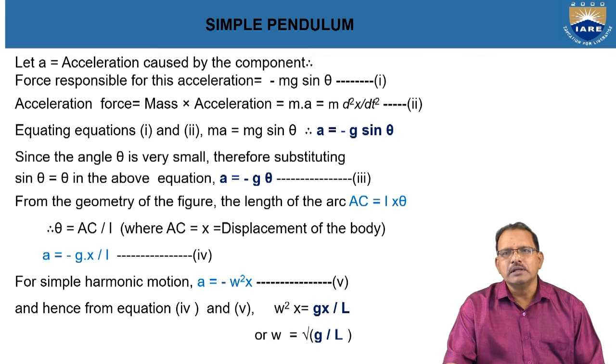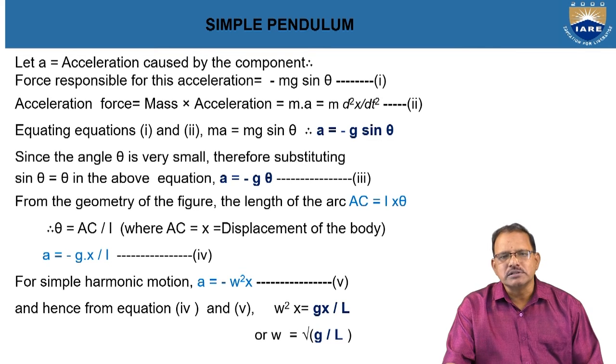Let A represent the acceleration caused by the component. The force responsible for this acceleration is given by mg sin theta. It is written with a minus sign because it is acting in the opposite direction of the displacement.